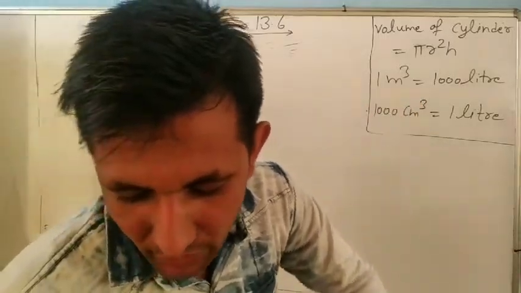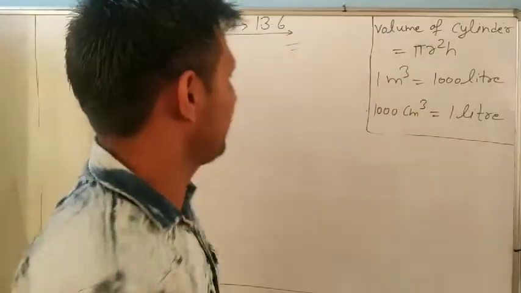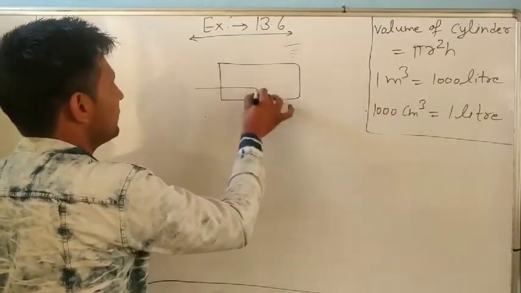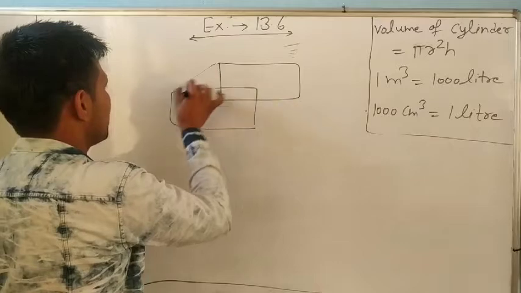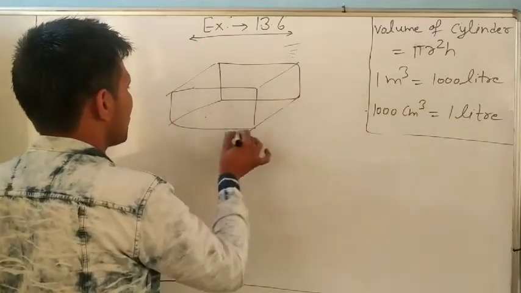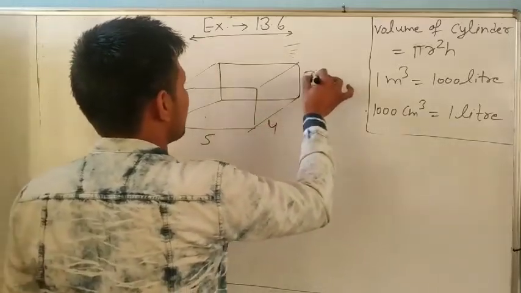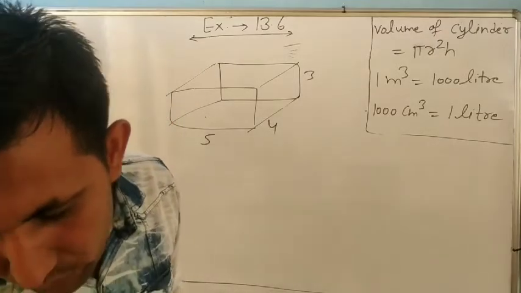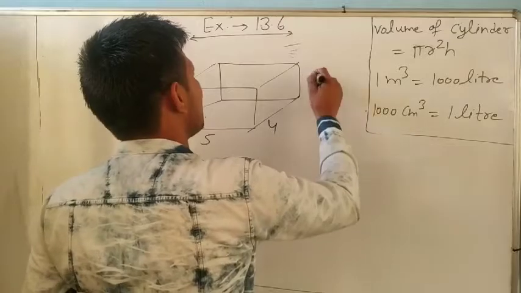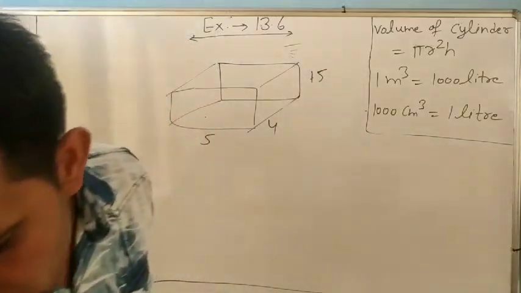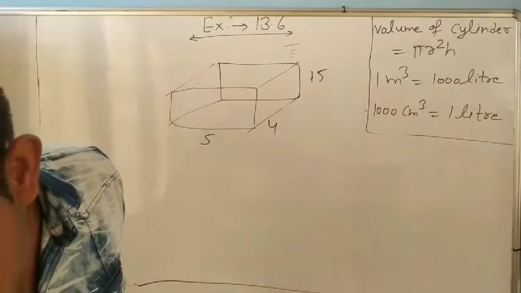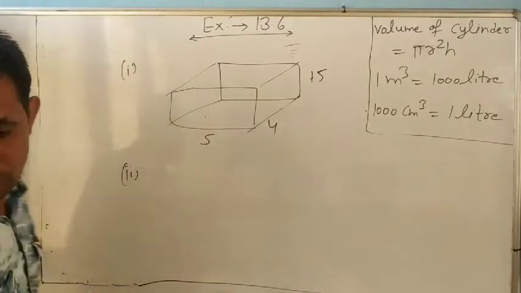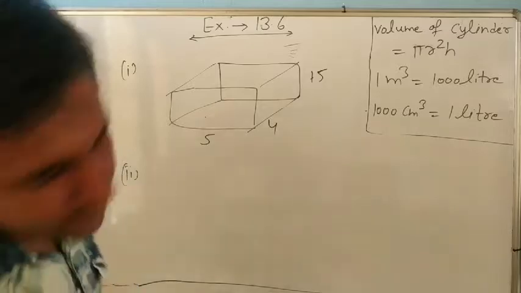So one soft drink is given like a cuboid, whose length is 5 centimeter and height is 15 centimeter. Next, we have to find, and the second one is a plastic cylindrical.